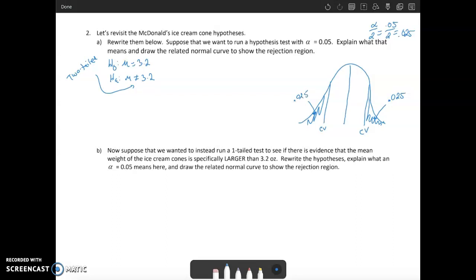What does it mean as far as having this alpha value of 0.05?